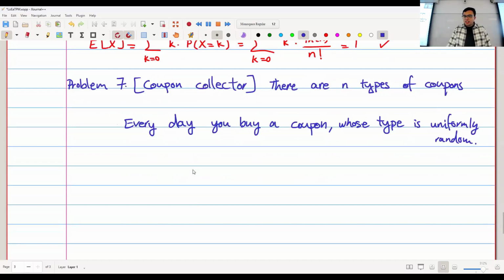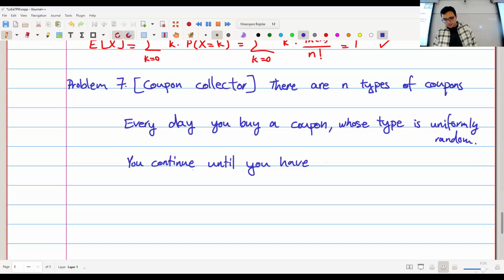Now your goal is to find one coupon of each type. So you will continue to play until you have at least one coupon of each of the n types.